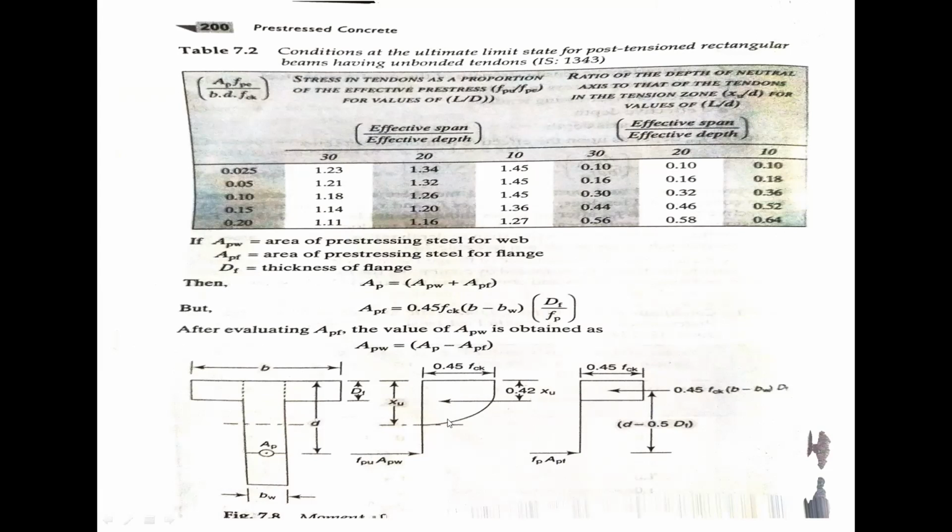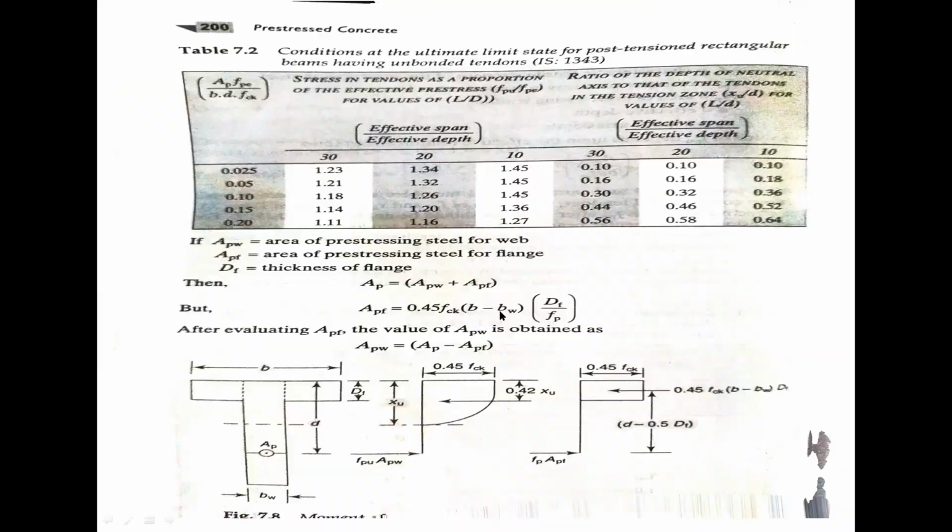Okay, this is the compression zone, this is the tension zone. I write the stress diagram, apply and derive the formulas, and get the APW formula, AP minus APF. APF equal to 0.45 FCK B minus BW into DF by FP.